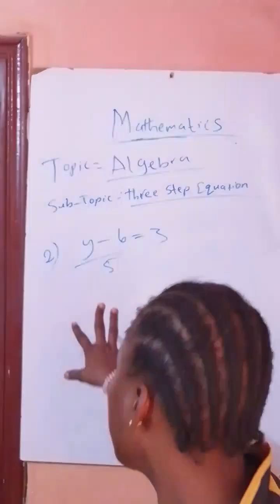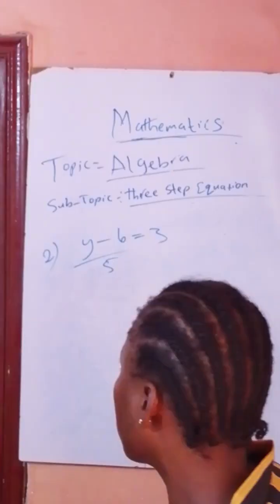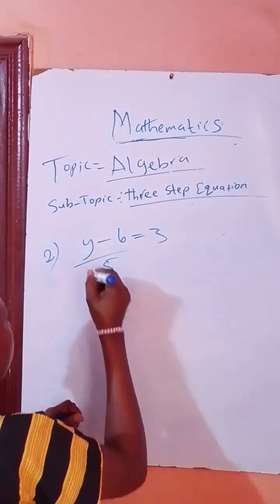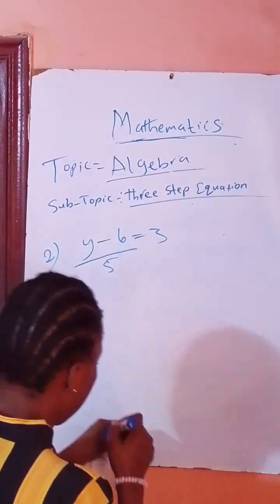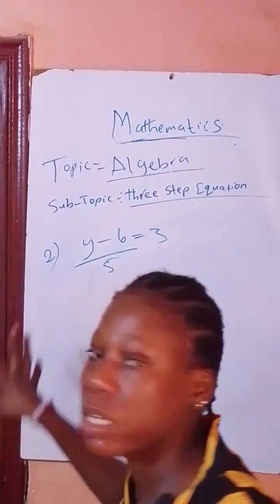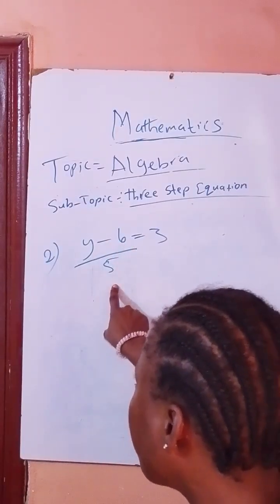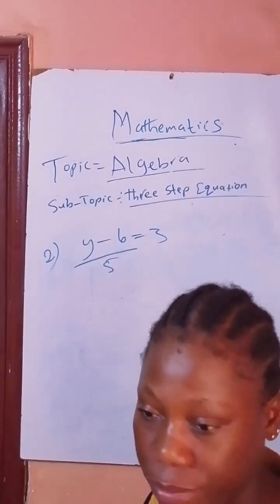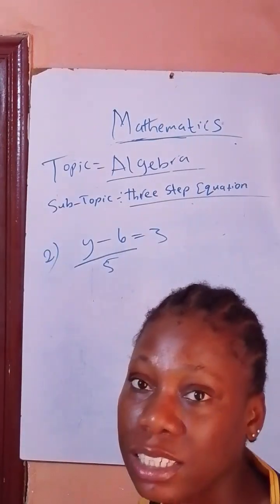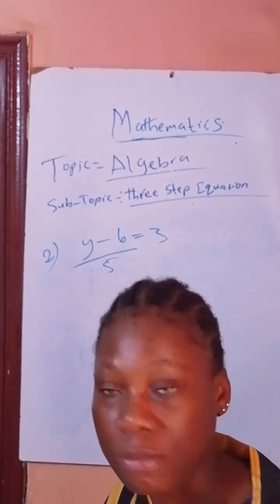This is our example 2. We have y minus 6 over 5 equals 3. And in this case, let's solve it.